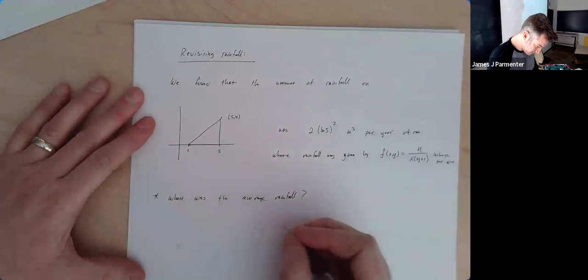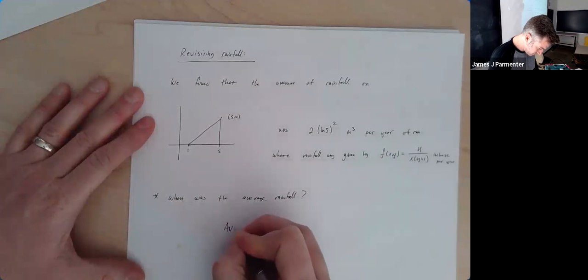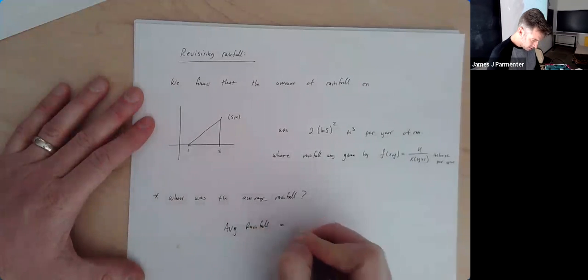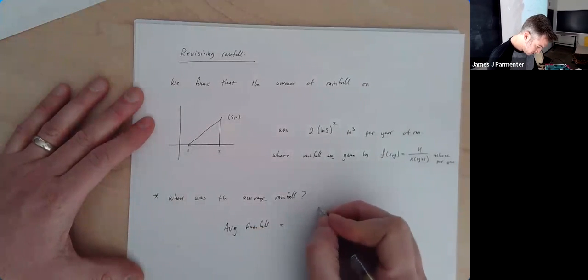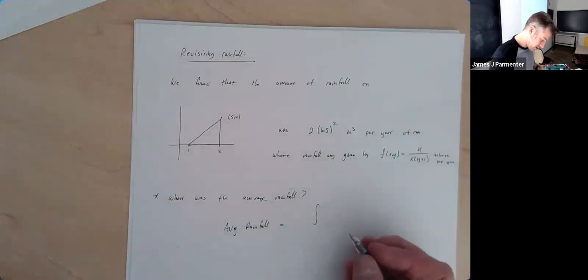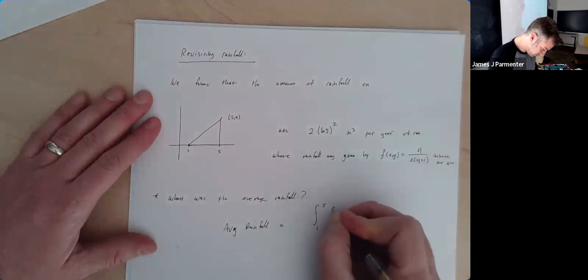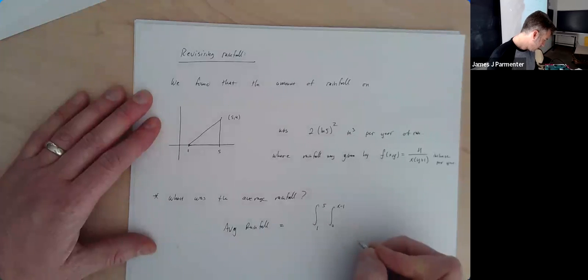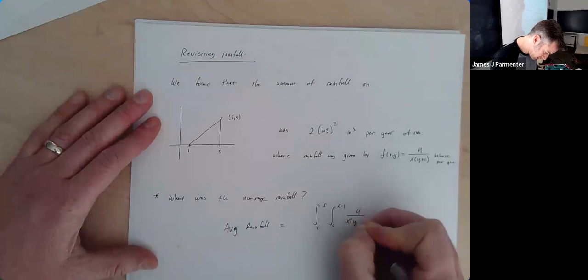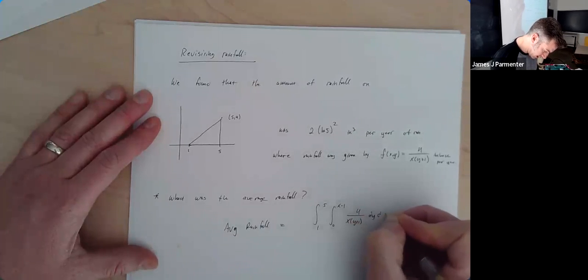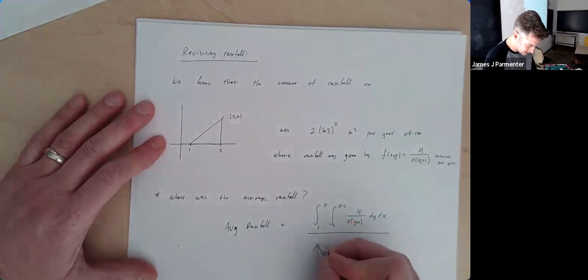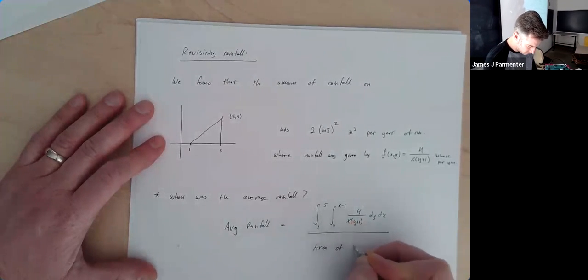So the average rainfall is going to equal the double integral that we did, which I'll write down again: the integral from 1 to 5, the integral from 0 to x minus 1, of this function 4 over x times y plus 1 dy dx, over the area of the region.